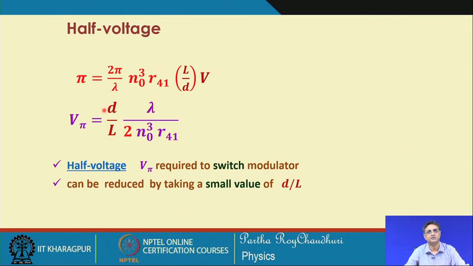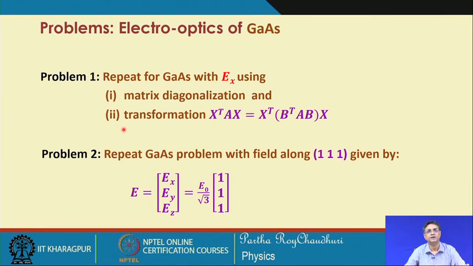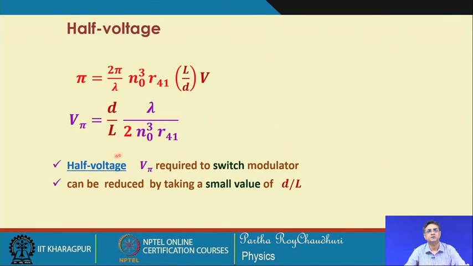So this factor is now an extra freedom to reduce the half voltage. This is the one we discussed, where the voltage is applied across the body diagonal of the x and y in the crystal.